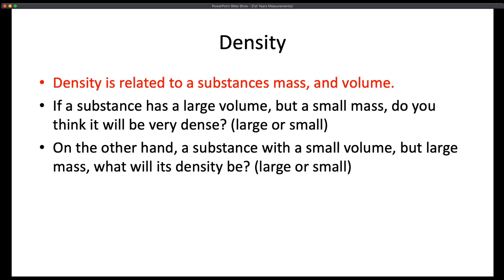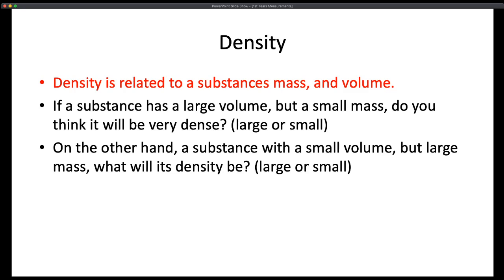Density, or the object's density, is related to a substance's mass and volume. So if we have any substance, it could be feathers, cement, lead, wood, gold, silver, whatever it is, if it has a really large volume, for example styrofoam, that white stuff used to protect packaging, it could take up a lot of space, because we know that volume is the space that an object takes up, but it has a small mass.